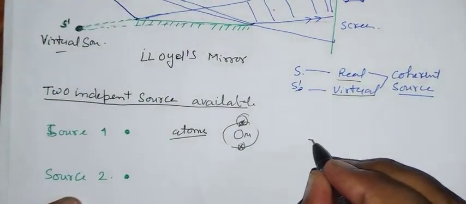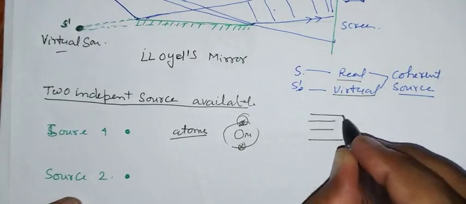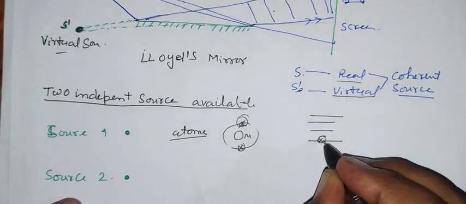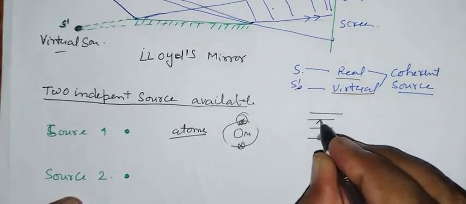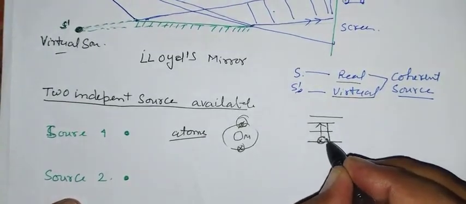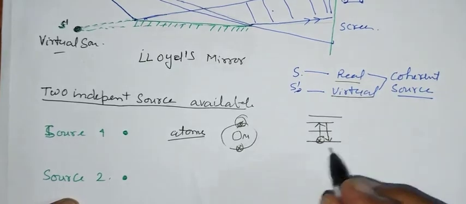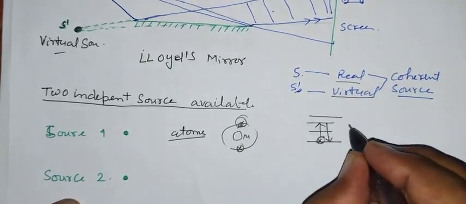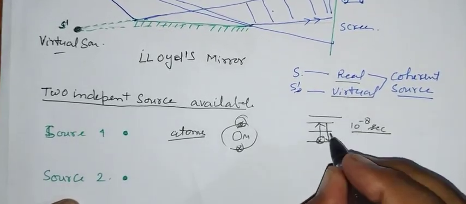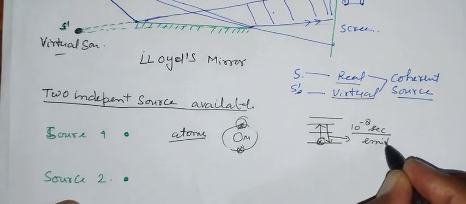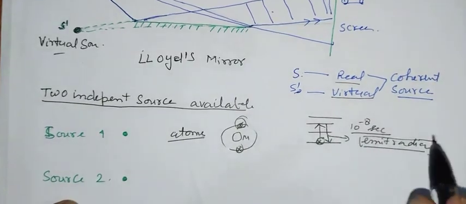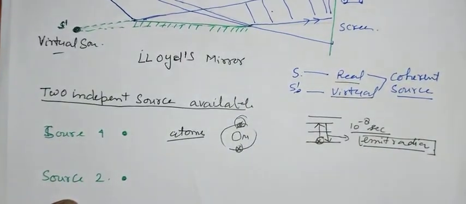The outermost electron has various energy levels. If it moves from a lower energy state to a higher energy state after acquiring energy, it stays there for 10 to the power minus 8 seconds, then comes back and emits radiation. This radiation is light of an appropriate frequency.